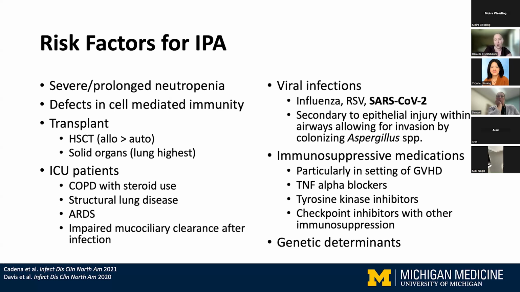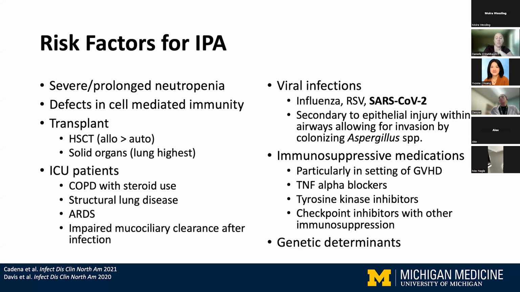Other risk factors are patients on immunosuppressive medications, particularly those that have stem cell transplant with graft-versus-host disease, and then they're getting immunosuppressed in the setting of that. That's a very high-risk patient population. Patients on TNF-alpha blockers or TKIs like dasatinib or imatinib have pretty high rates as well.